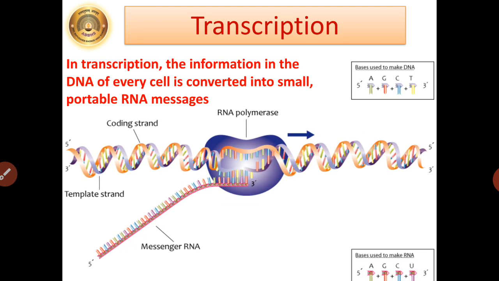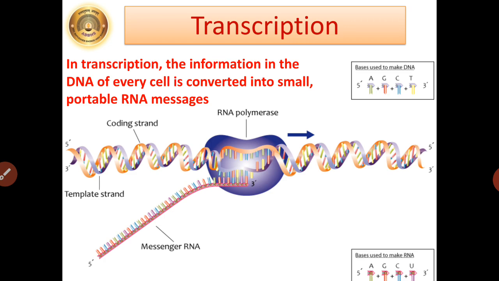Now let's see what is meant by transcription. Just observe the slide. In transcription, the information in the DNA of every cell is converted into small portable RNA messages. So, transfer of DNA into mRNA, that is protein synthesis, is known as transcription.